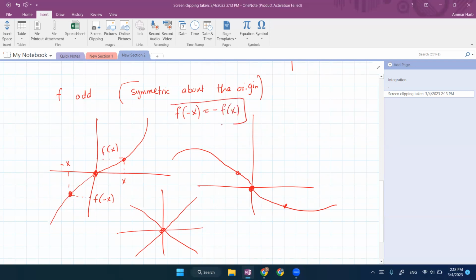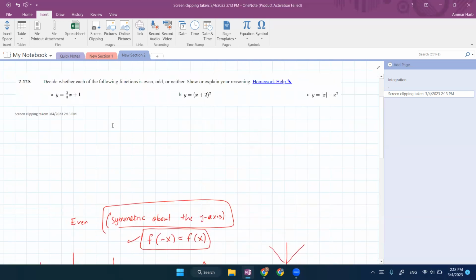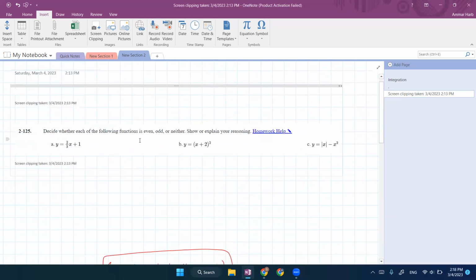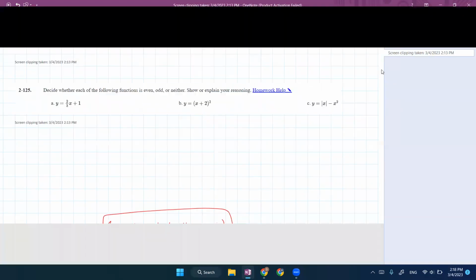So that's the algebraic definition here for the odd function. So back to this example. To find whether the function is even, odd, or neither, you can do that graphically and algebraically.